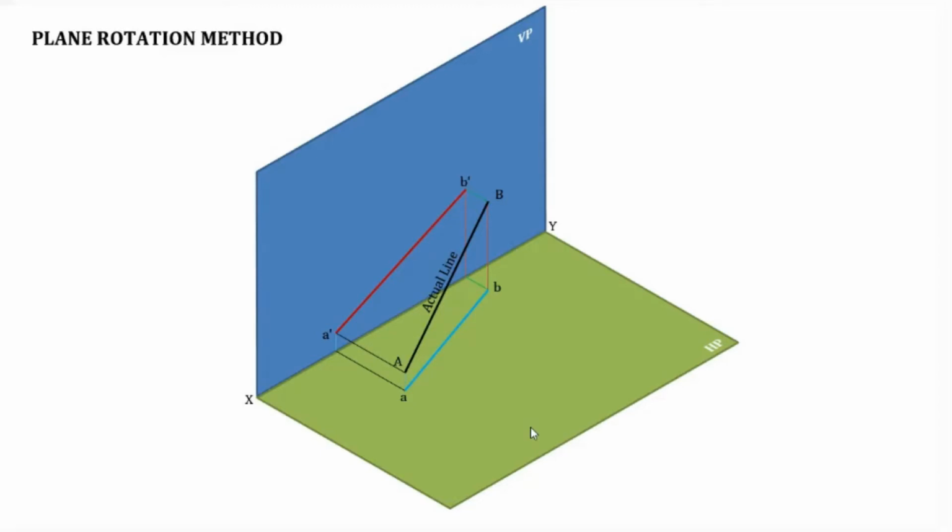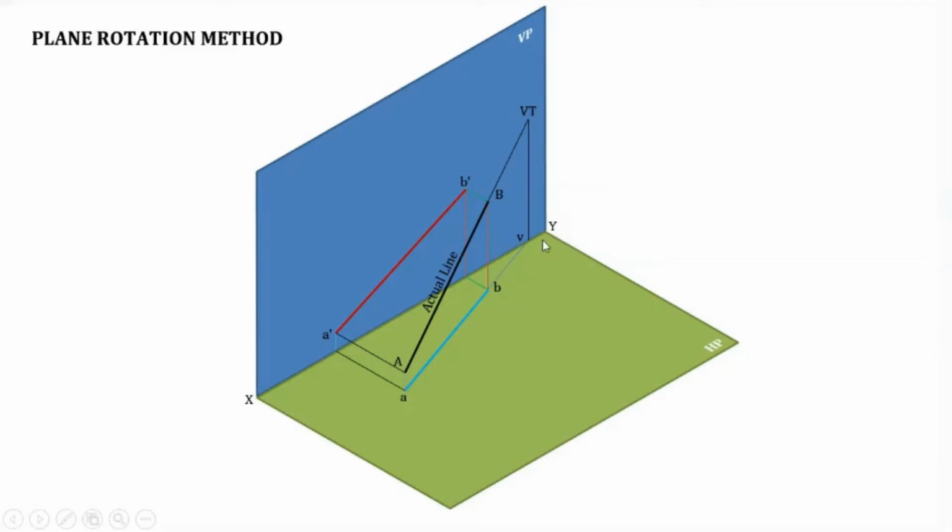Now, if we extend this line AB towards the vertical plane, we will get VT. That is the point at which the actual line intersects with our vertical plane. From VT we can obtain the point V, which is the point of intersection of our top view with the XY line.